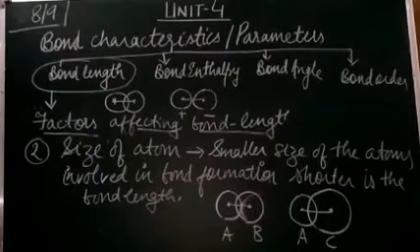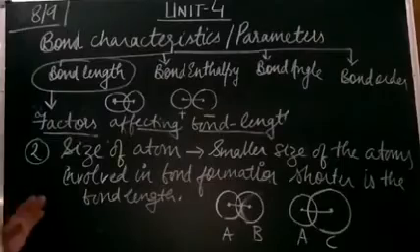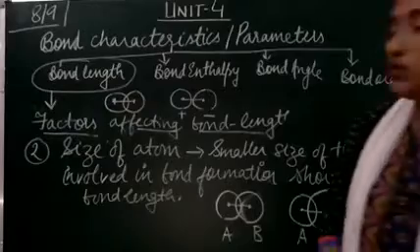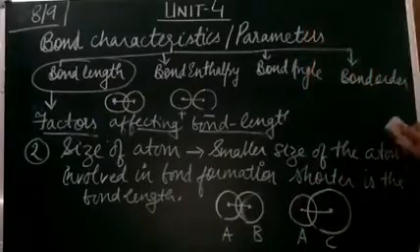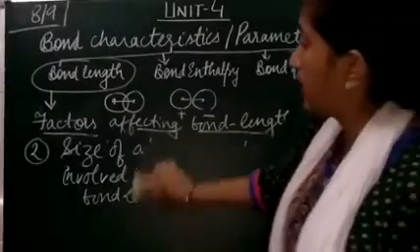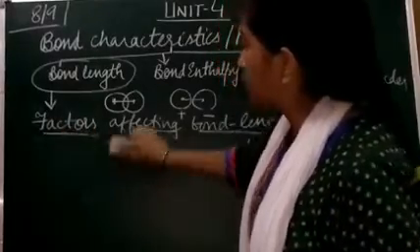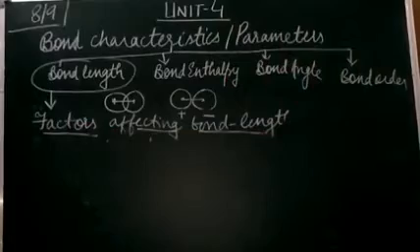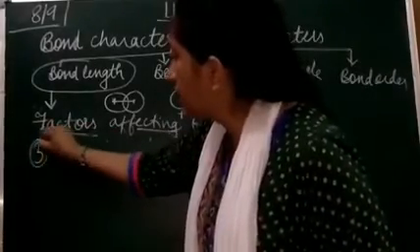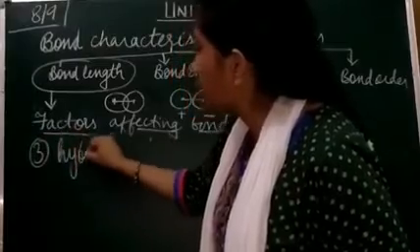And the third factor, student, is the hybridization. Though we haven't started it, we are going to discuss it in later classes. So the third factor on which it is going to depend is the hybridization. Hybridization is the intermixing of the atomic orbitals. The third factor is the state of hybridization.